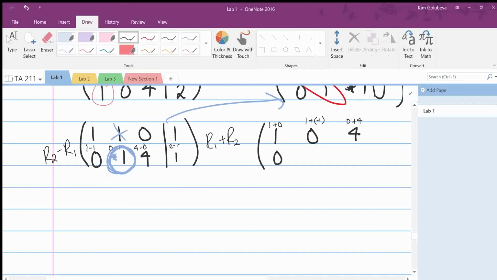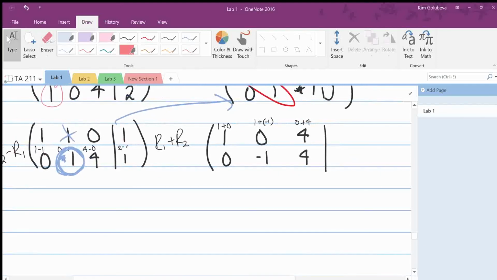And the second row doesn't change at all. So we have -1 here, and we have 4 here. And then we have 1 plus 1, so we have 2 and 1.